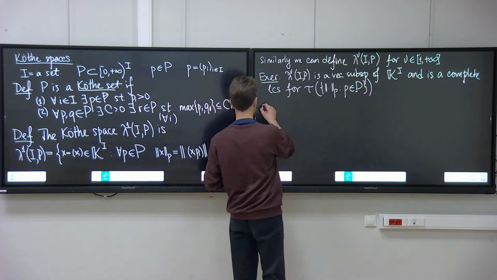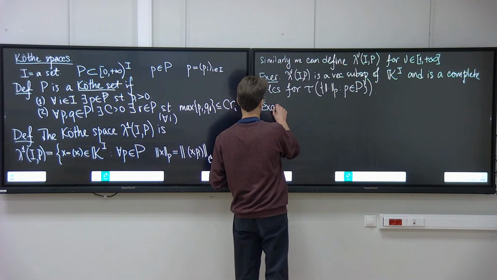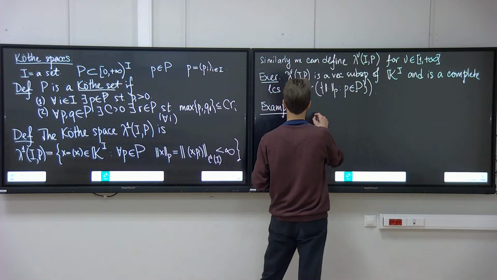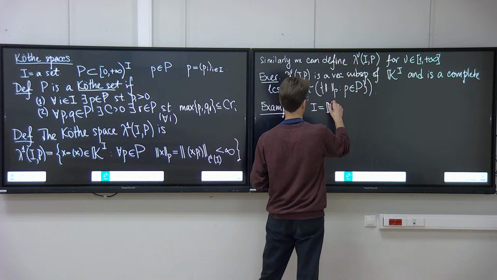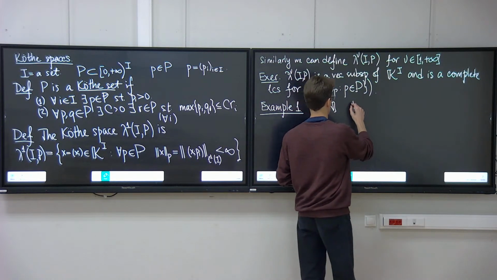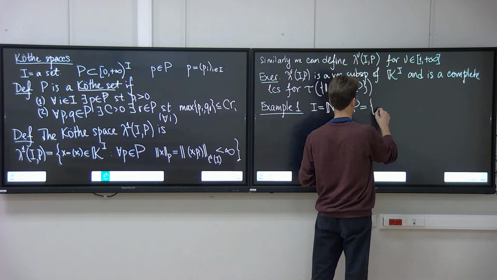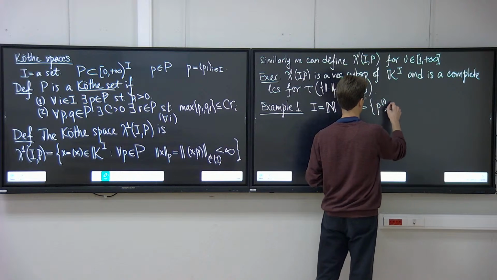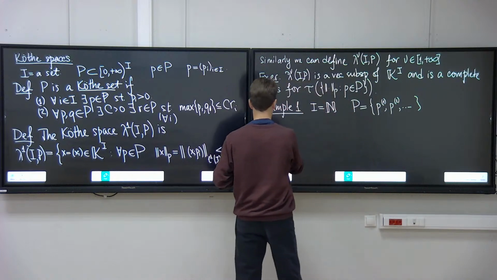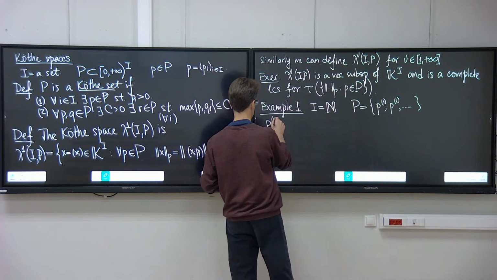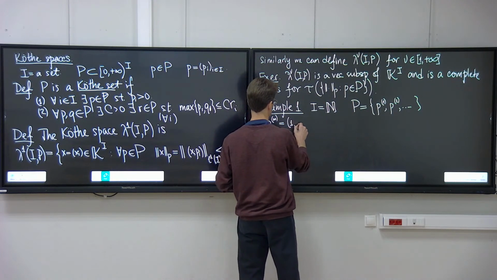Let's look at some concrete examples. Example 1. So for simplicity, let I be the set of natural numbers. The respective Curtis set will be countable, p_1, p_2, and so on, where the mth sequence p_m looks as follows.